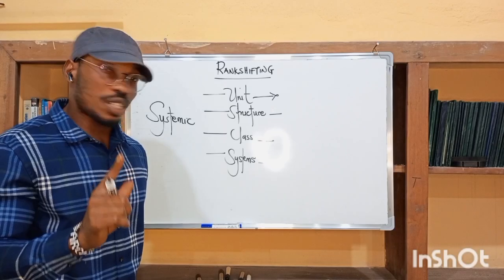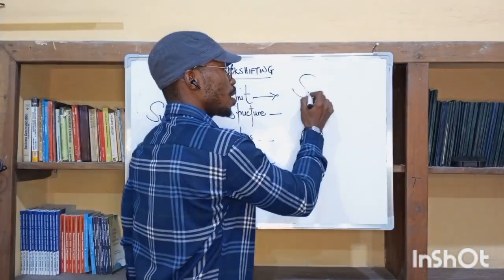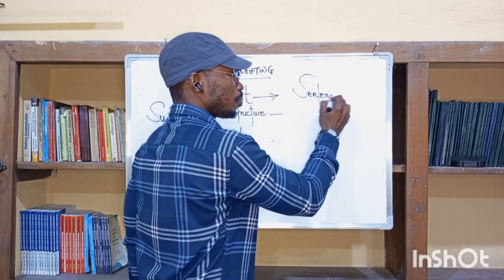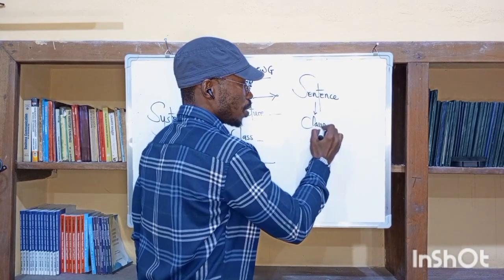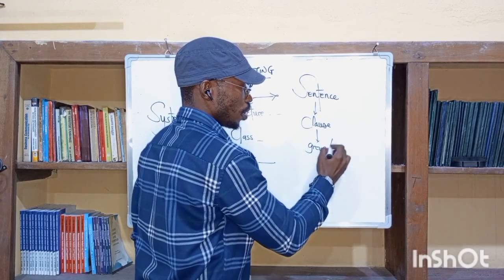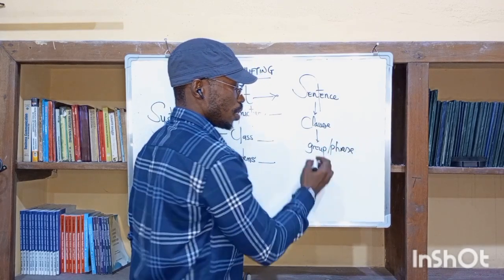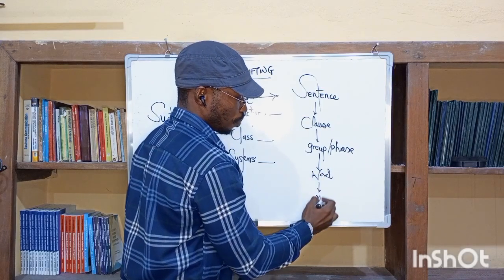Now, in the rank scale, there are five units, with the sentence being the largest unit, the clause being the next unit, the group or the phrase being the third unit, the word, and then the morpheme.